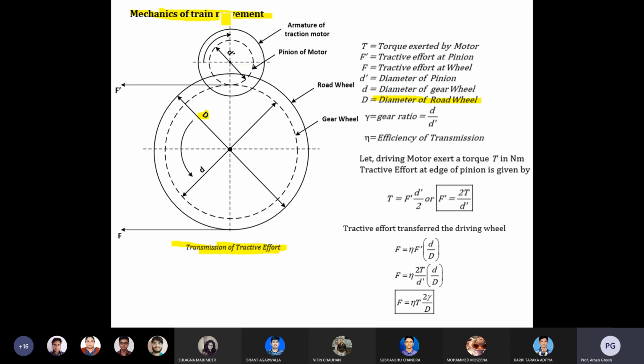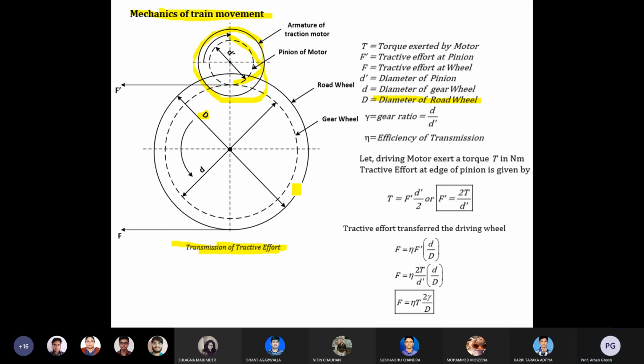The small one is known as the pinion. The pinion is connected through the gear with your wheels, and two wheels are connected through the shaft, with one gear inside the shaft. That pinion is responsible for the movement of the shaft.